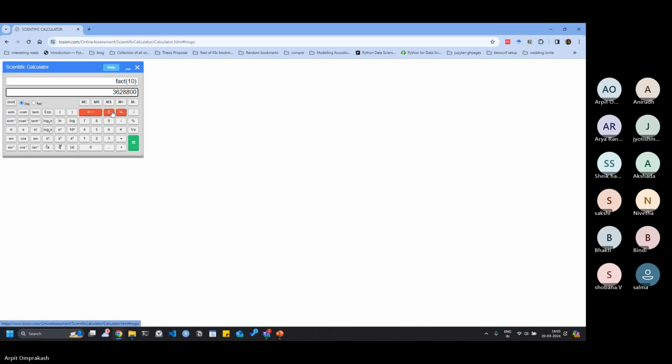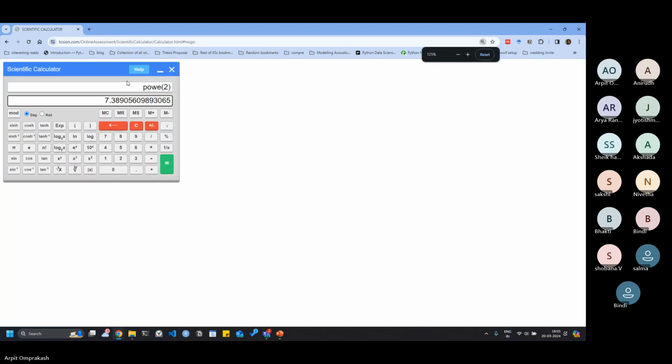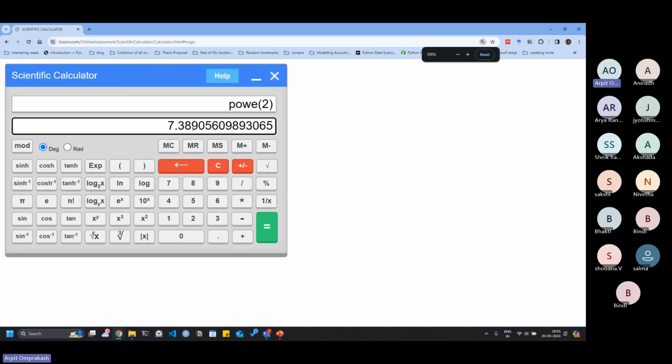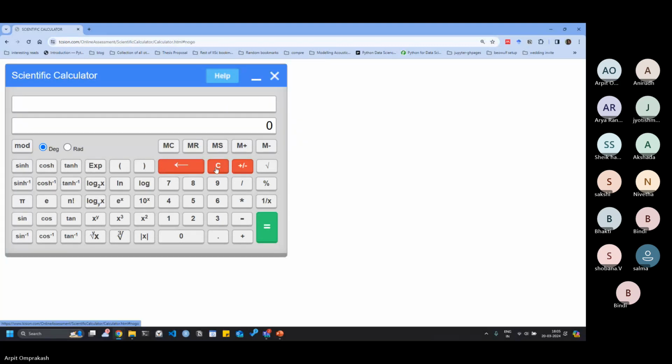Then similarly, if I write 2 and then press this e to the power x, it'll basically take e to the power 2, so the square of e. So yeah, it's mostly these simple things.